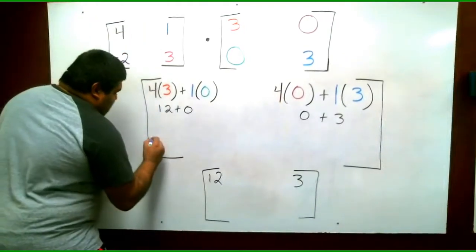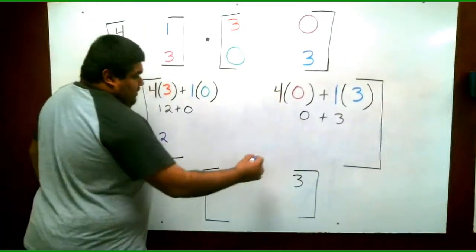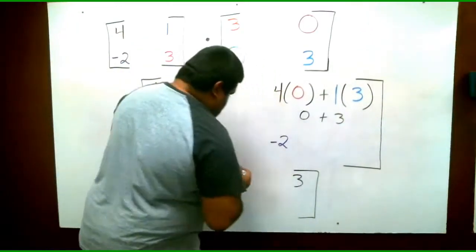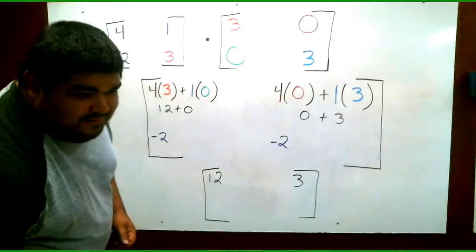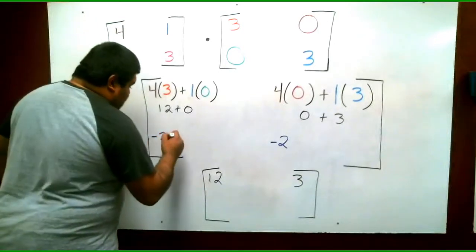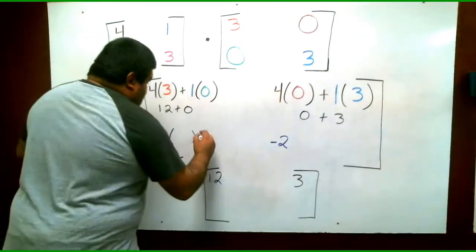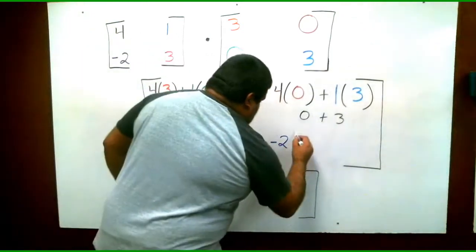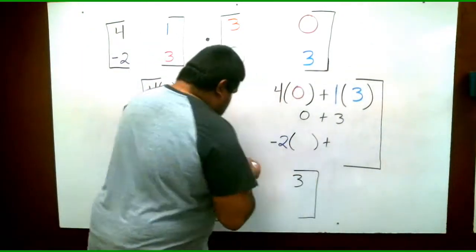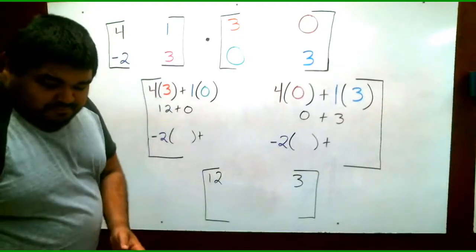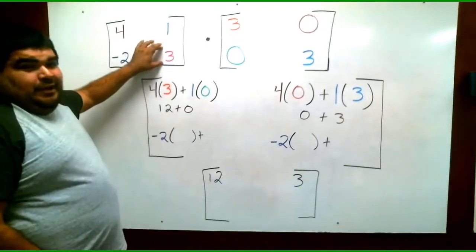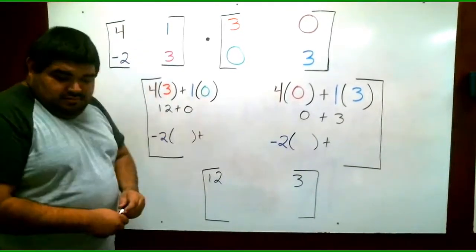We can say negative 2, and then negative 2. We're going to have something on the inside. We still don't know what the number on the inside is. Plus, remember, we said we're going to have also the 3 here.